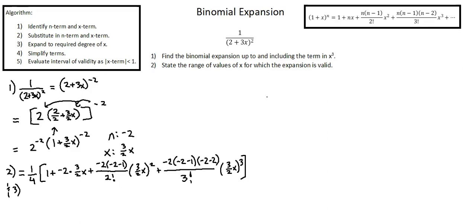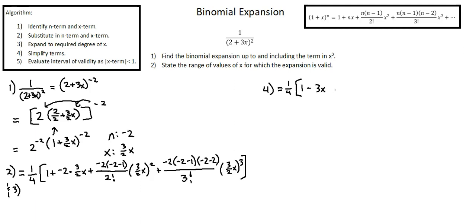Now step 4, simplify terms. So we have 1/4 times the first term of 1, second term negative 2 times 3 over 2 x, which will give us negative 3x.